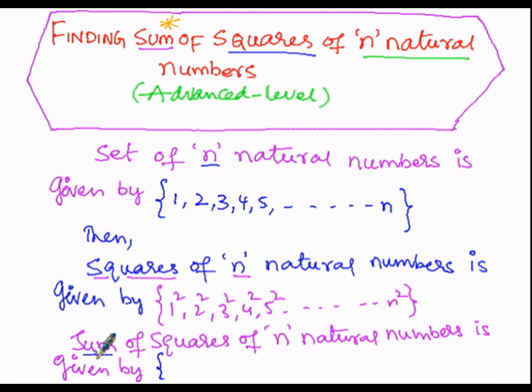Then we have to find the summation of these squares. So 1 square plus, sum indicates the addition of all these terms, the second term is 2 square plus 3 square plus 4 square plus 5 square plus and so on up to plus n square.